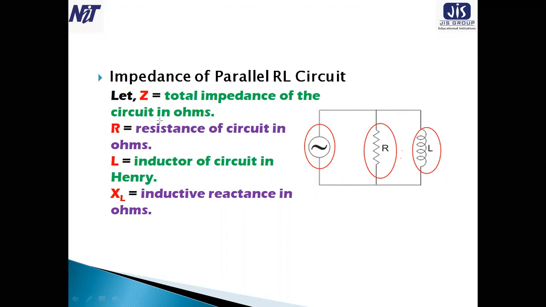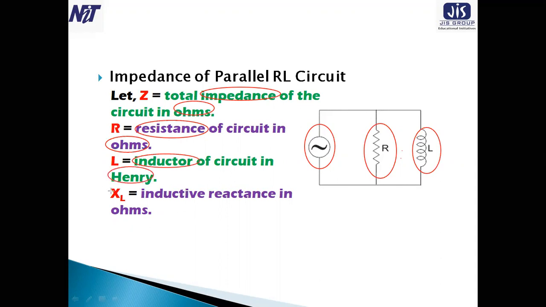Then R equals the resistance of the circuit in ohms. You all know that R is resistance and the unit is ohms. Z is the impedance, the unit is ohms. And L is the inductor of the circuit and the unit of L is the Henry.